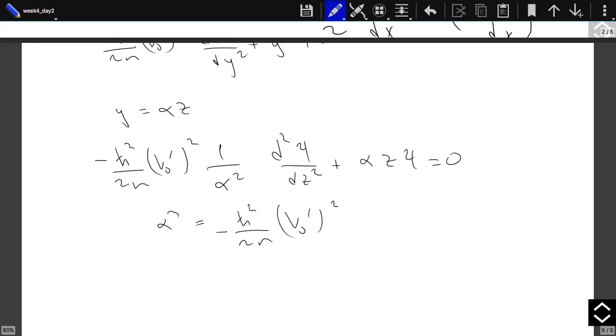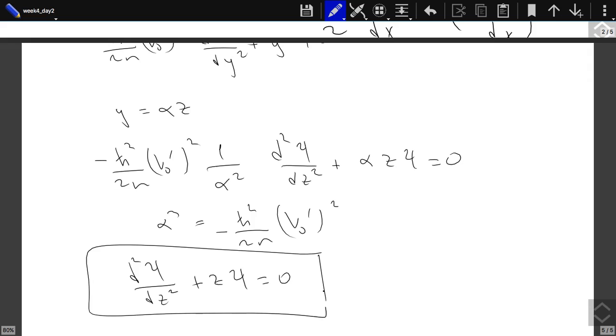And so we have the equation d squared psi by dz squared plus z psi is equal to 0. Now what I did is I just factored out the alpha. This is alpha cubed. Alpha was some kind of an arbitrary number that I chose. So if I choose alpha cubed as minus h bar squared over 2m v0 prime squared, the coefficient over here just becomes 1, and this is my equation.